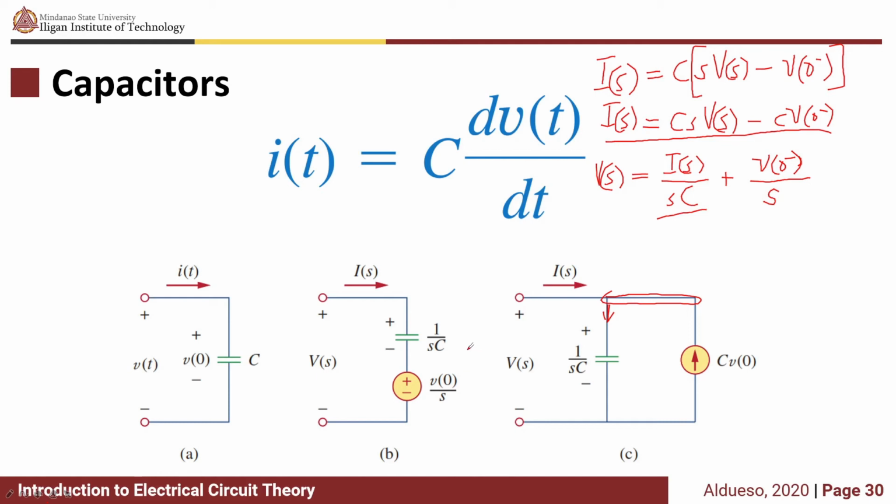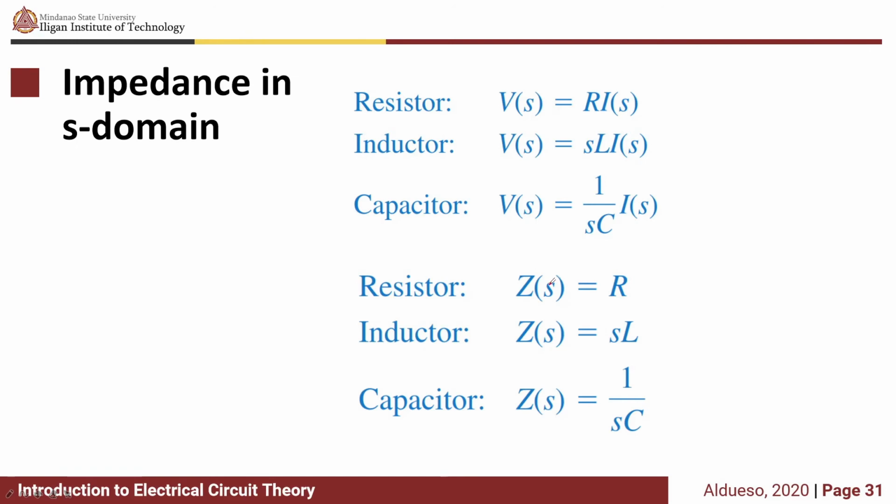So the same with the inductor, you can use either of these two equivalent circuits. So impedances in the S domain: for a resistor, it is still the same. For an inductor, it is sL, and for a capacitor, we have 1 over sC.